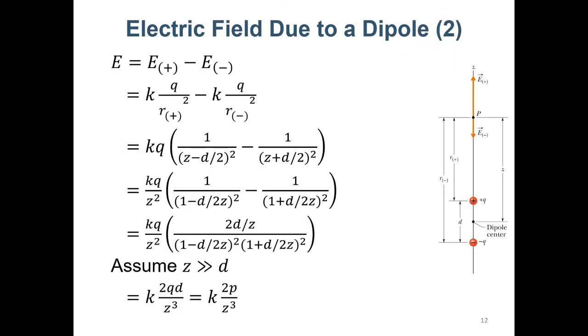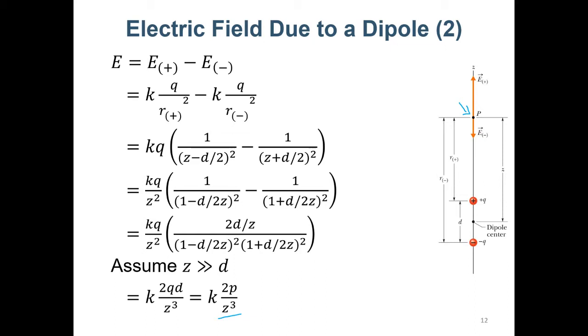For the next slides, I will try to tell you why there is a cube here. It is not so difficult because it is only some algebraic calculation. When we calculate the electric field at point P, we know we have two charges, so we calculate the E field generated by plus Q and negative Q one by one, and then add them together.